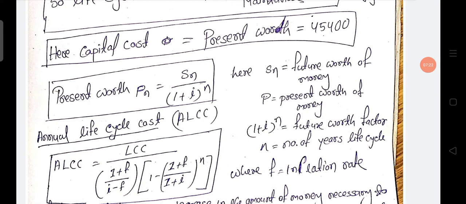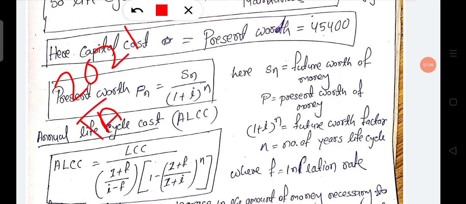Let's say whenever we replace, today in 2021, the first machine A is priced at 50,000.